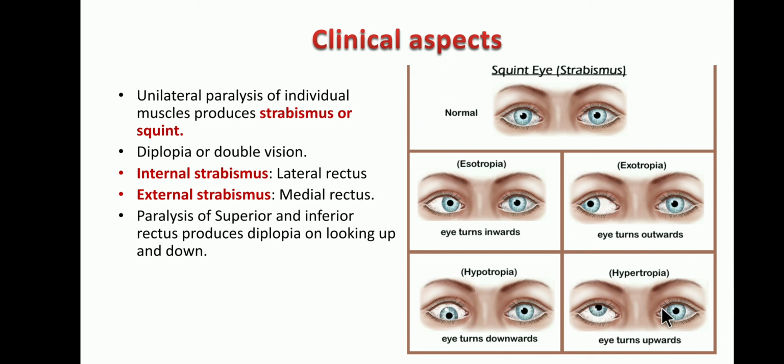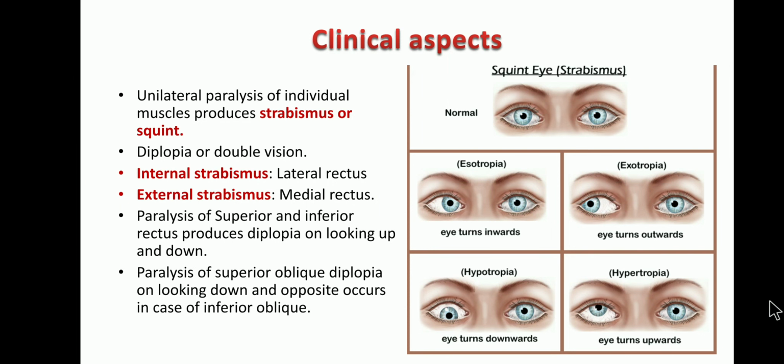In case of the obliques, when the superior oblique is affected, diplopia occurs on looking down and the false image lies outside the true image. Whereas if the inferior oblique is affected, you get diplopia or double vision on looking up and the false image lies outside the true image. So this is about strabismus or squint.